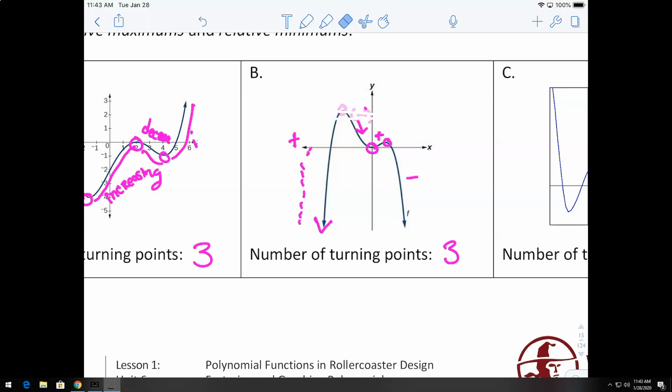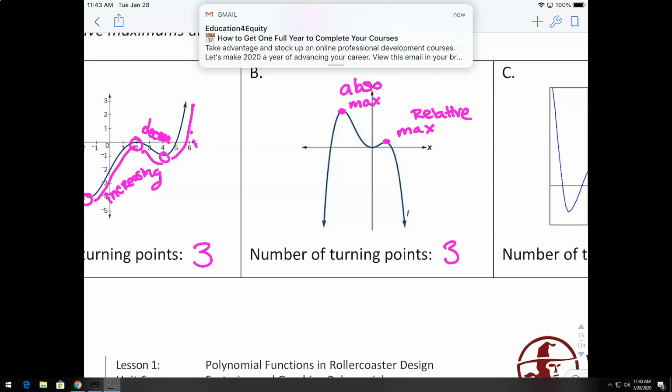I'm going to erase on here. I want to talk about how this and this are both maximums. This is a relative maximum because it is lower than the highest maximum. This is an absolute maximum because it is the highest that this graph goes.